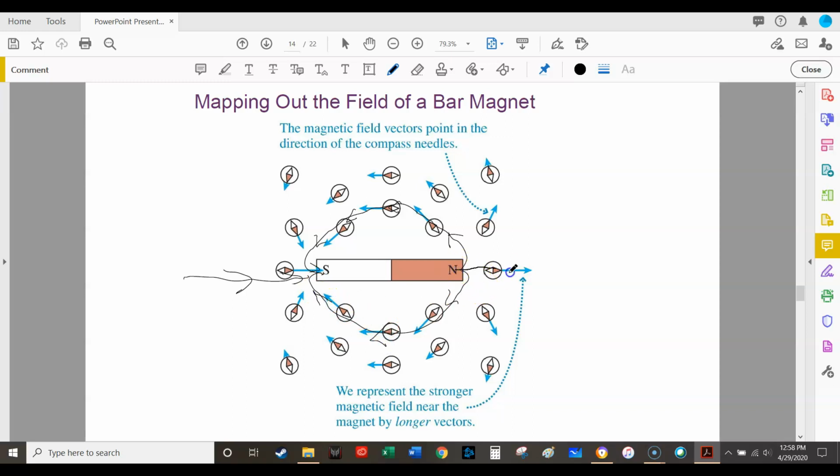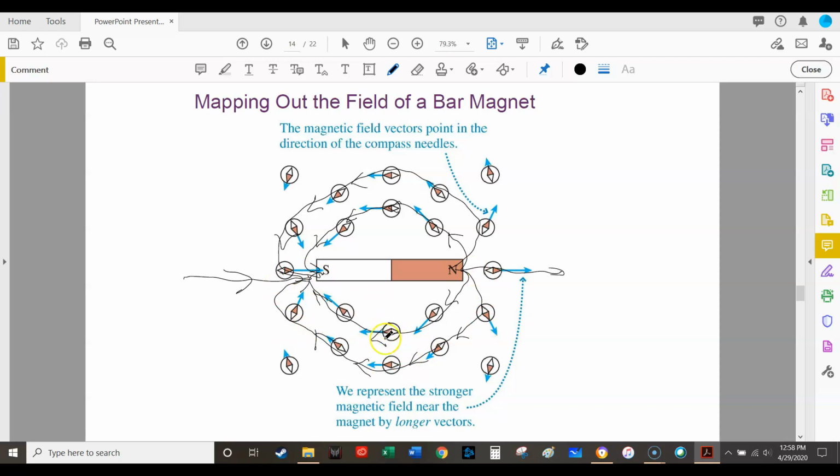And then this guy is going straight out. This guy is coming out and going around, following these guys and coming in. So all of these magnetic fields are coming out and going into, they're emitting from the north end of the magnet and towards the south end of the magnet.